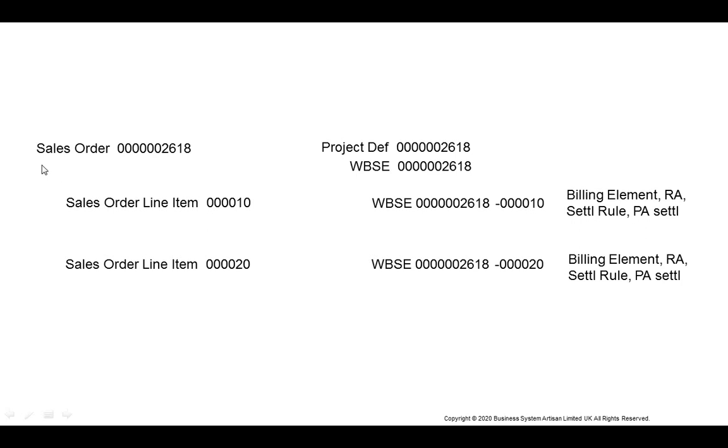So what it says is we tried to create the project from a sales order, and probably there will be occasions where you want to add some sales order line item. For that we want to create another WBS element, and we keep this relation one by one.